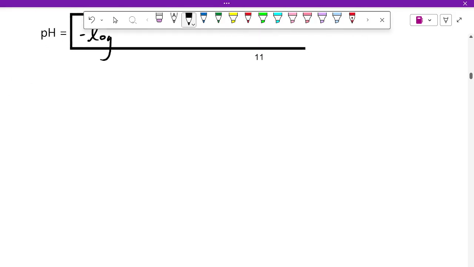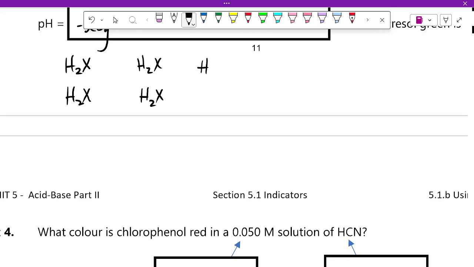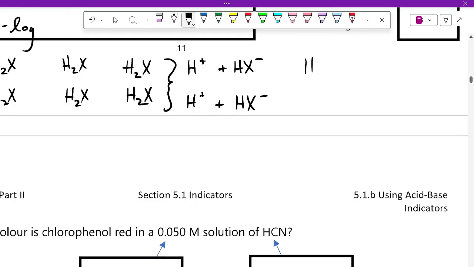So if you had, let's say, H2X, because I don't want to write out SO4 that many times. Those are going to dissociate into H plus and HX minus.